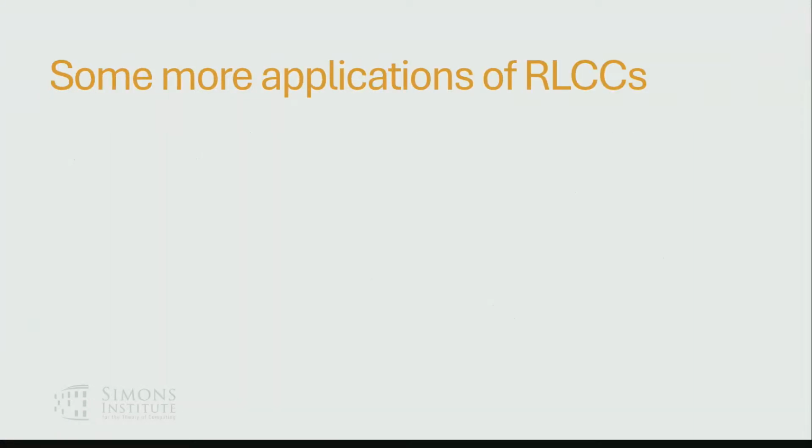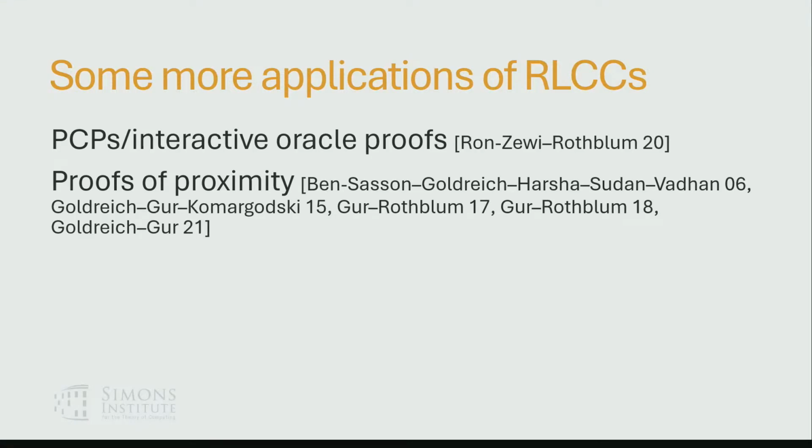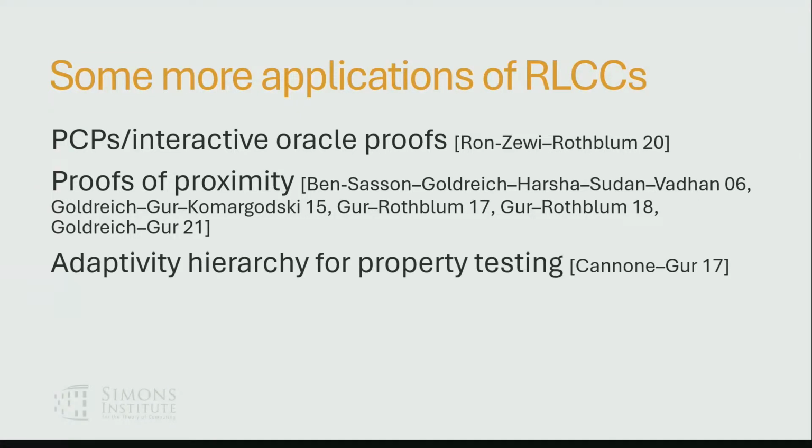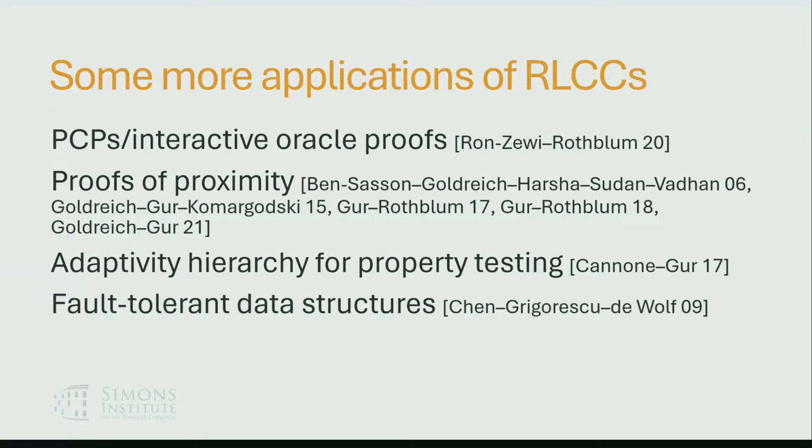In the same vein as the PCP intuition, there are quite a few applications where the RLCC definition suffices in place of the LCC definition. In the proof system with locality setting, you can use RLCCs with interactive oracle proofs or proofs of proximity, cases where you want locality. Other places you can use it are property testing, or data structures where you want to detect when there's corruption.